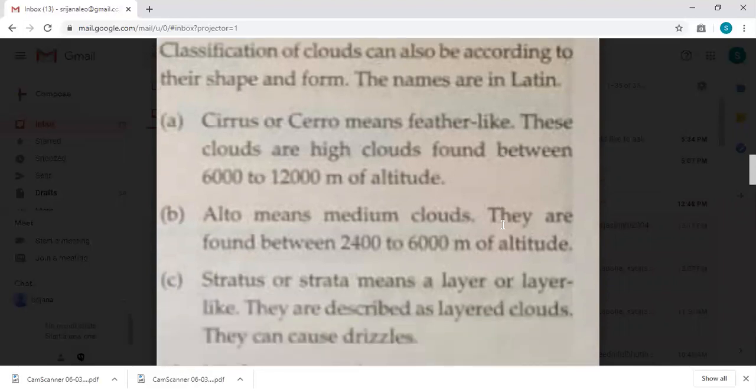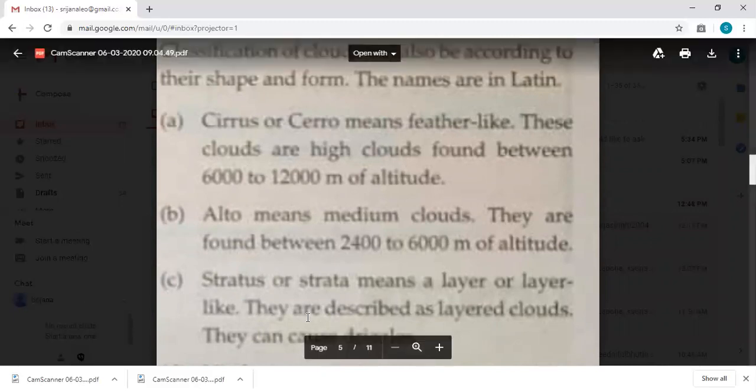Alto means medium clouds. They are found between 2,400 to 6,000 meters of altitude. They are cotton-like, but they'll be spread over the entire region, small clouds like it will be formed.